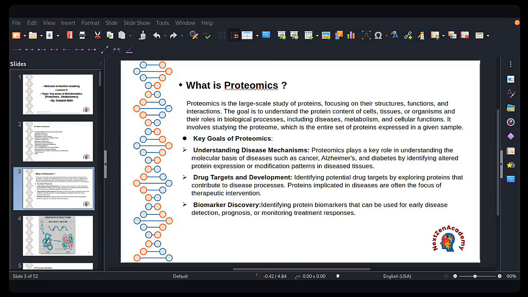Then alpha helix and beta sheets are the secondary structure. Then a polypeptide chain in a 3D structure is the tertiary structure. Then the aggregation of two or more polypeptides is the quaternary structure. Right? These are the different levels of protein structure. All clear?